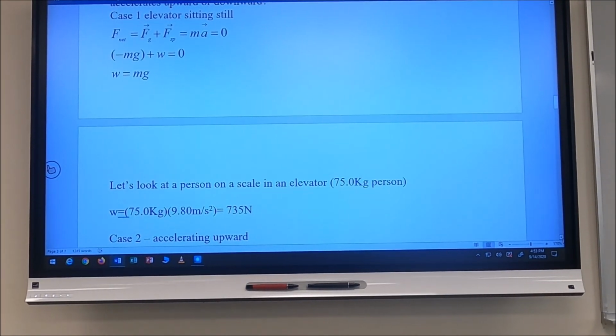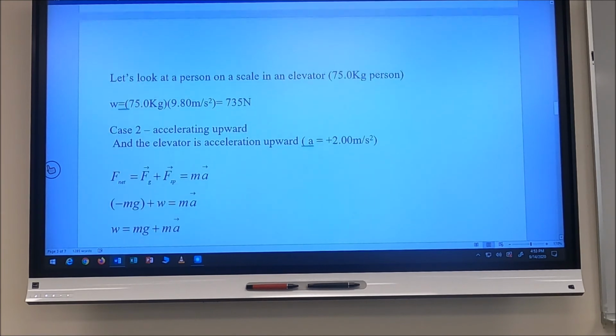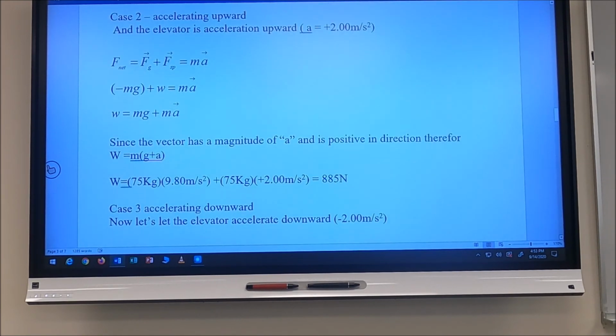In case 2, let's have our car, our elevator, accelerating upward.